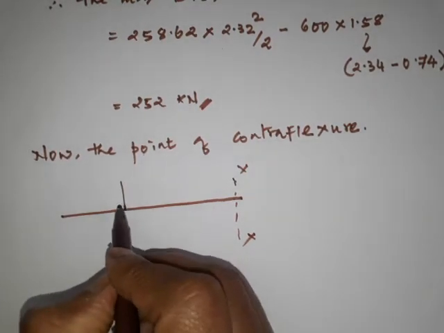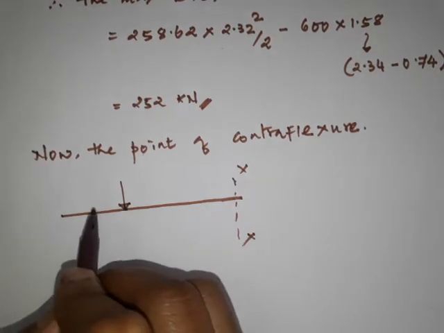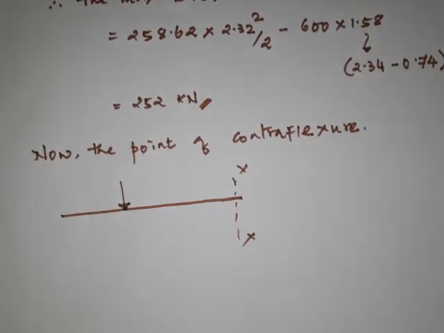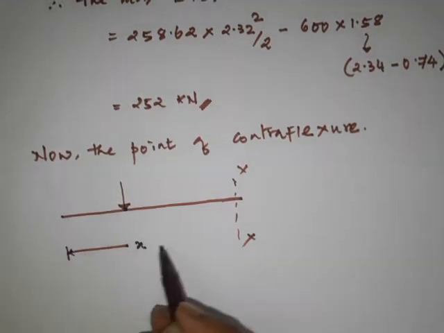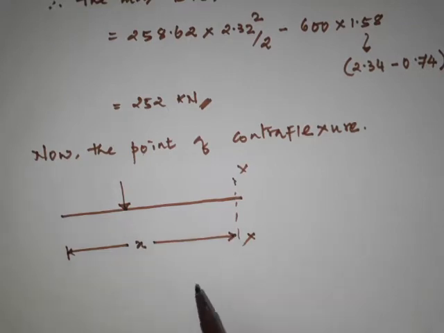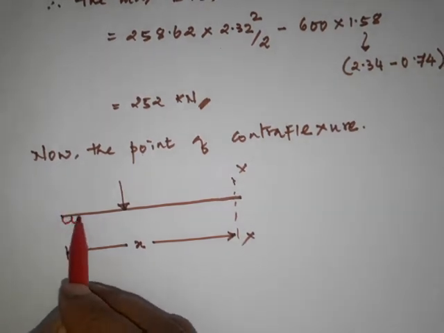We have this column load, and this distance from here to here we consider as x. X we have to find out. And below that we have upward pressure also.